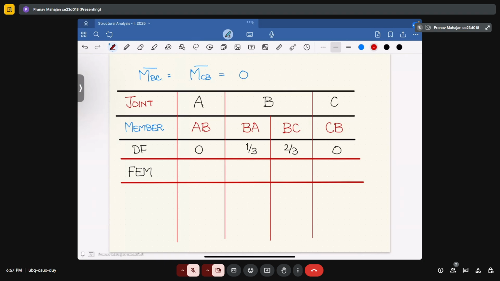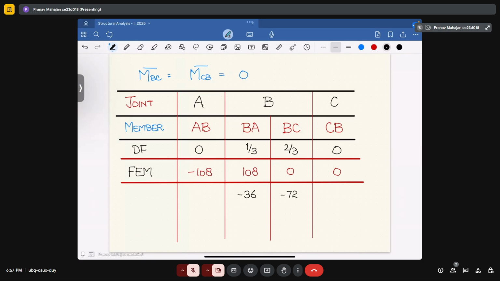And your corresponding fixed end moments will be minus 108, 108, and the rest are 0, 0. Now you have this 108, you have to distribute in terms of the distribution factors. So if you do the distribution of 108, 108 divided by 3 will come out as 36. So minus 36 and minus 72 will come here.